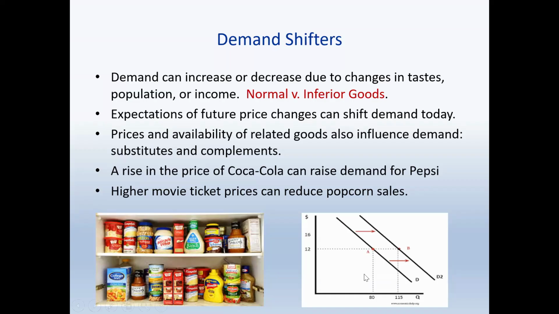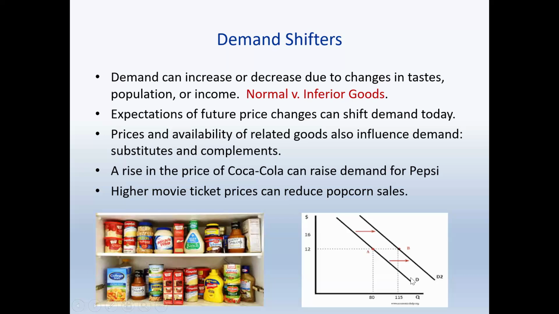At the bottom right, we see a demand curve. We have price on the Y or the vertical axis and quantity per time, meaning quantity per day or quantity per month, on the X or horizontal axis. The demand curve, as noted before, is downward sloping. For high prices, we have relatively low demand.